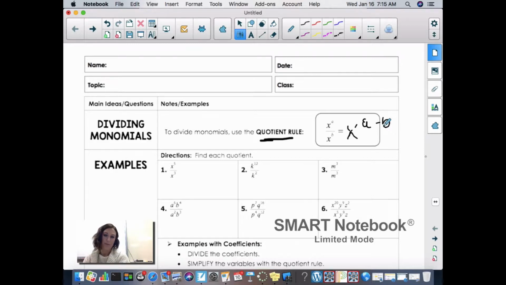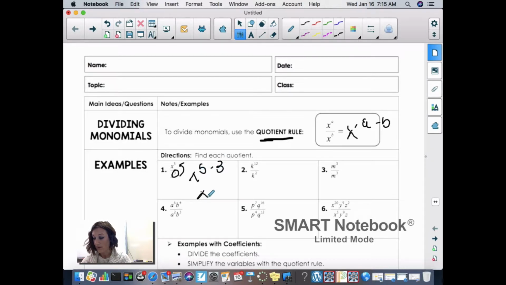So for example, number 1, x to the 5th over x to the 3rd. Now, I always take the small exponent to the large. So I'm going to take that 3 up to the top of my fraction. So it becomes x to the 5th minus 3. 5 minus 3 is 2.